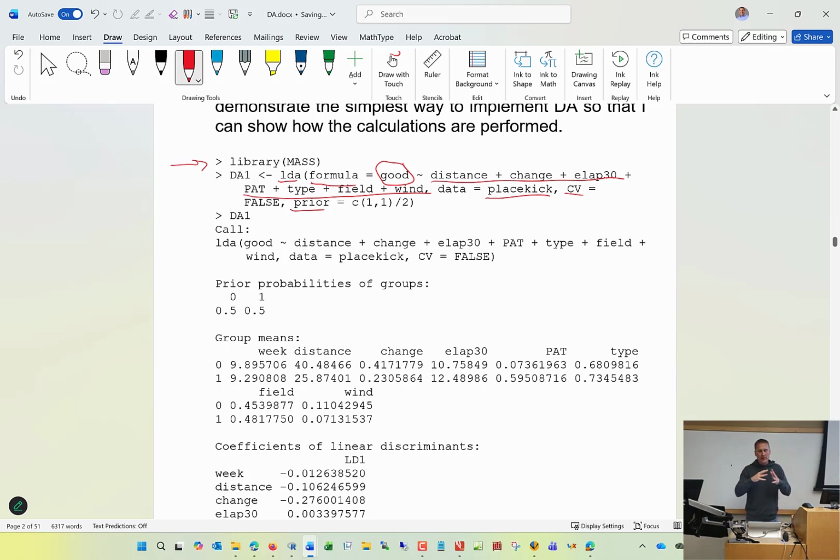If you were to combine the populations, what proportion would be from the success group or the failure group? By saying 1 divided by 2 and 1 divided by 2, basically I'm saying 50% are from the successes, 50% are from the failures. That is not true. I'm only putting that there for now to illustrate some stuff.